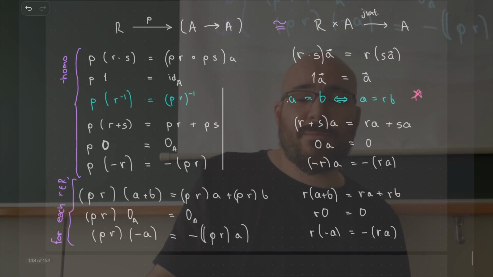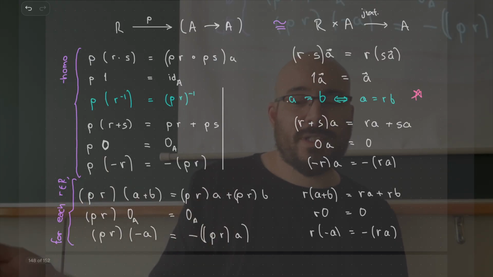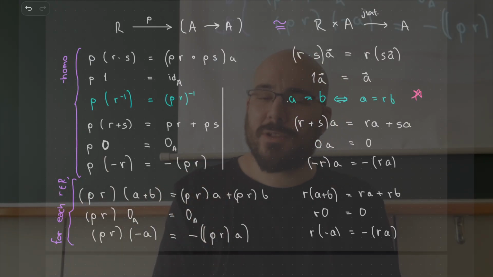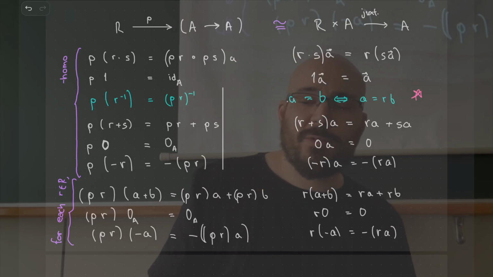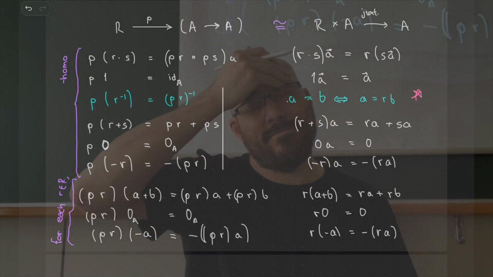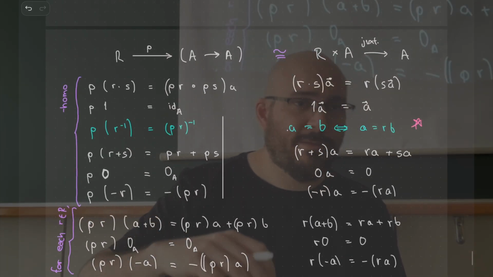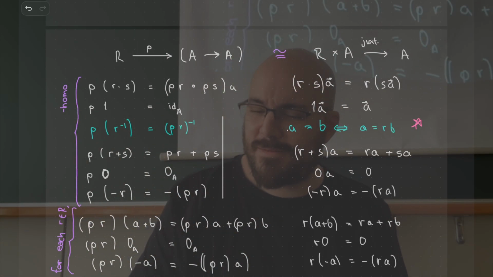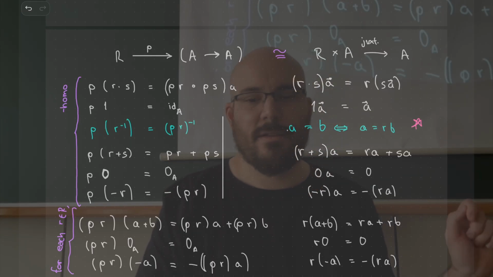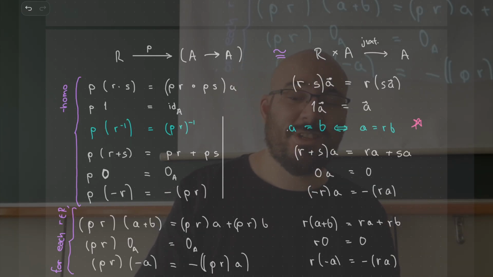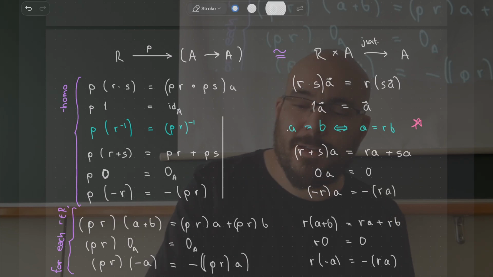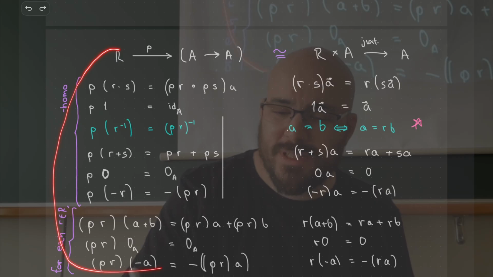I will leave you to check something, because when you define modules, you say left or right modules. You don't say that for vector spaces. And if you define actions, you say left or right action. What's the deal with this left and right? Because it looks silly. If I come from this aspect here, it looks silly to say left or right.